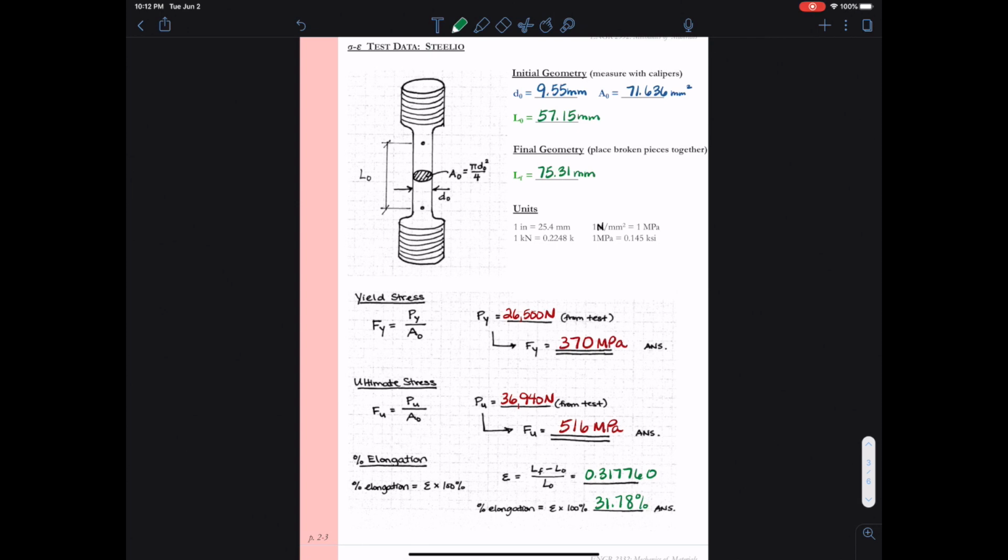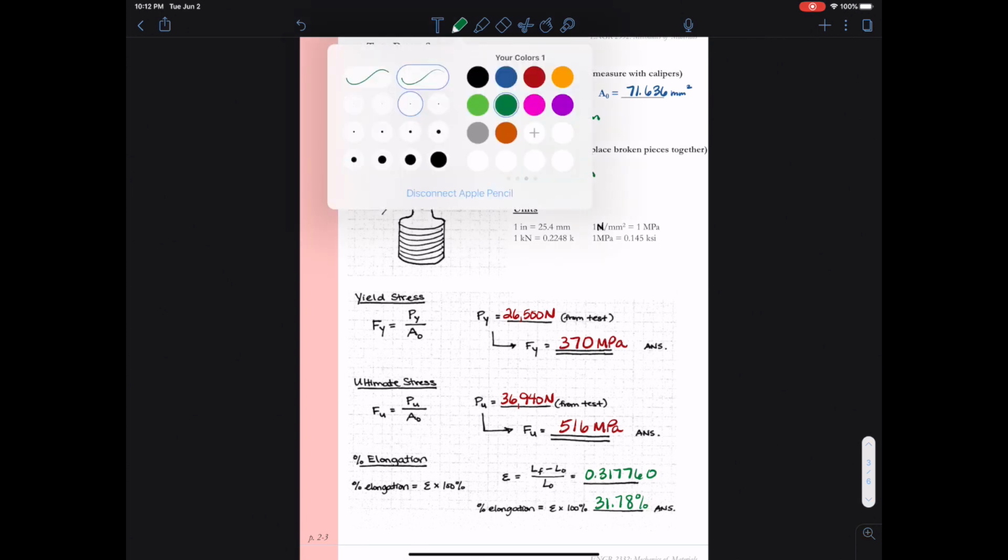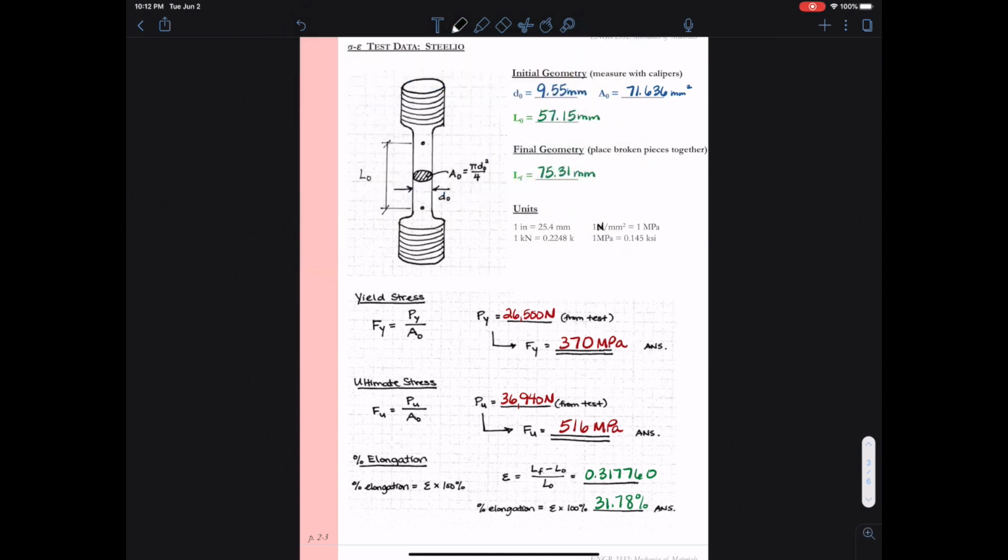If we multiply this number by 100%, we see that the percent elongation was about 31.78%. So that means Steelio stretched from its initial length, it increased in length by 31.78%.